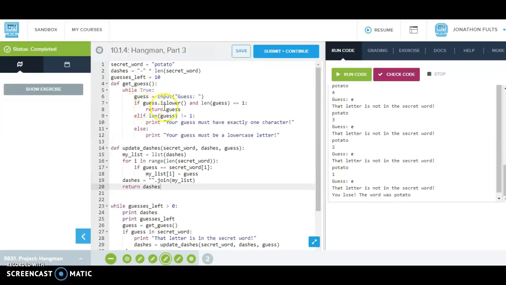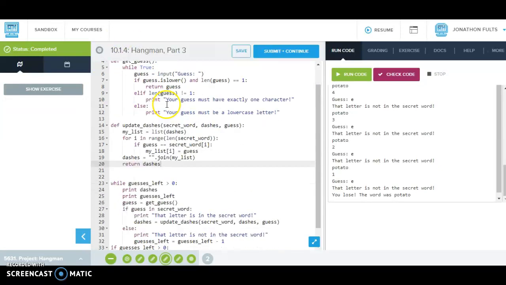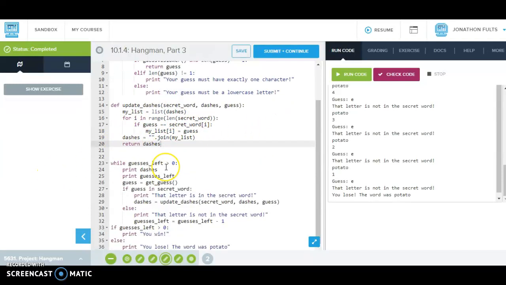And then it's just saying if this happens, then this, or this, or this. And then this is a nested for loop. It's underneath a define, update dashes, and this adds to the list. And then this one right here.